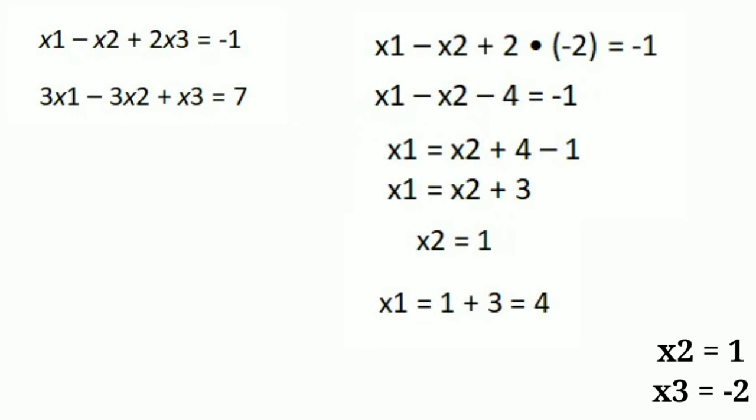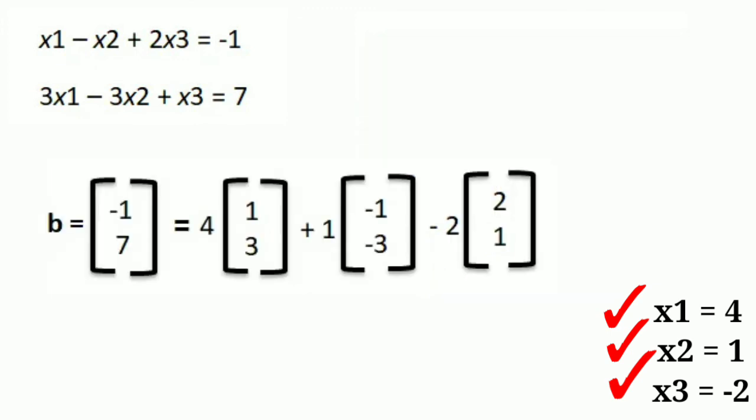So the value of x1 will be 4 and the value of x2 is equal to 1. Overall, we will have 4 for the first column, 1 for the second column, and -2 for the third column.